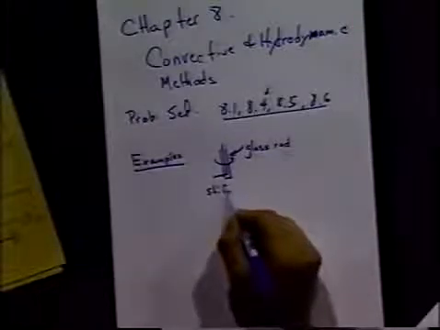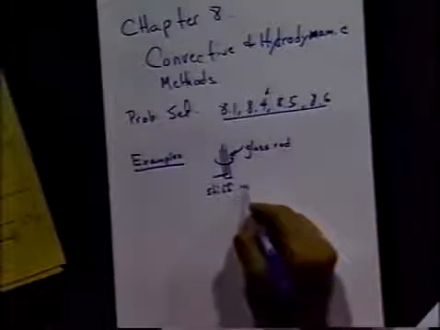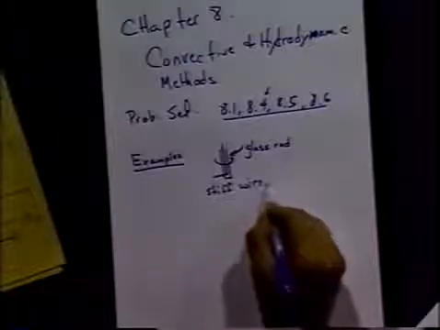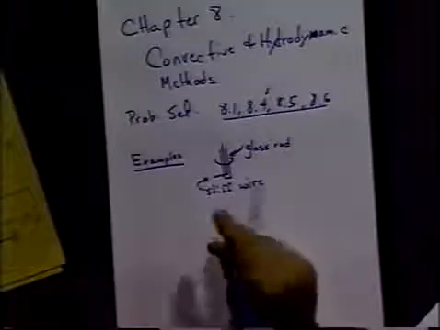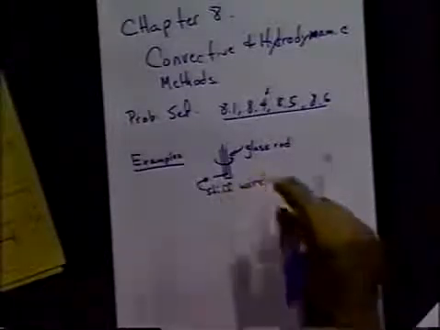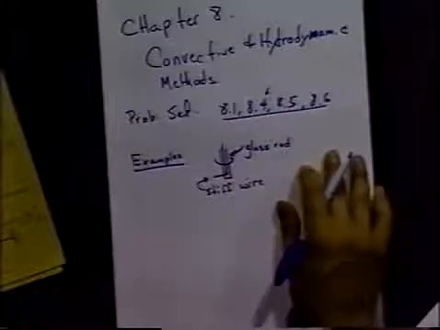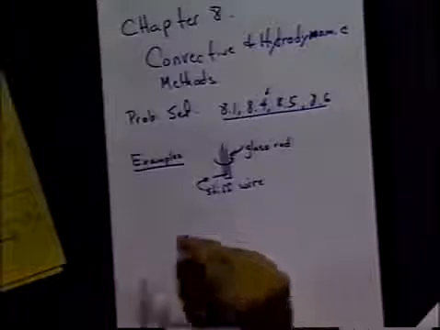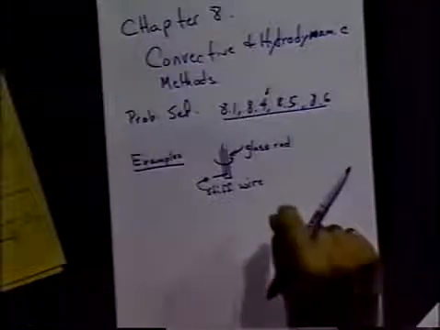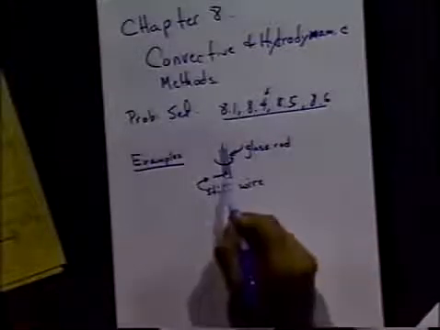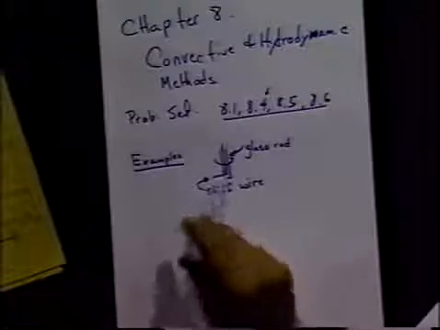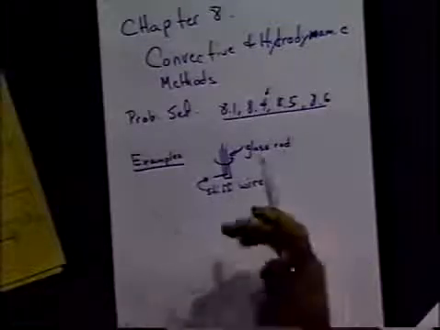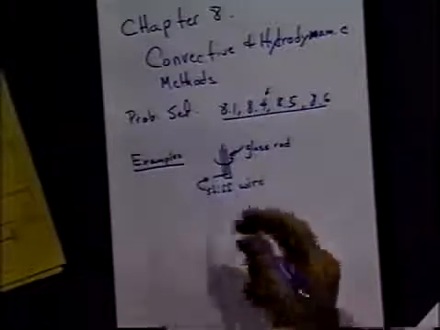So this would be platinum or whatever sort of electrode material you'd like to use. And you just rotate this glass rod at whatever revolutions per second you like. As that wire rotates around, it stirs the solution. And you can see that the diffusion layer that's formed is going to be continuously sheared off, and a fresh new diffusion layer forms. So you will increase the rate of mass transport.